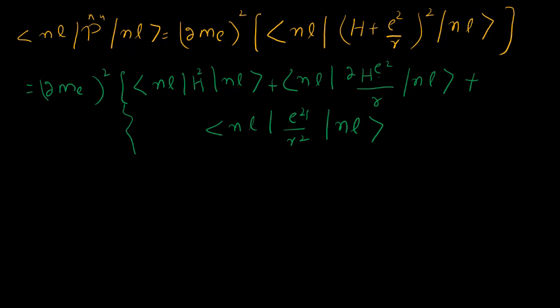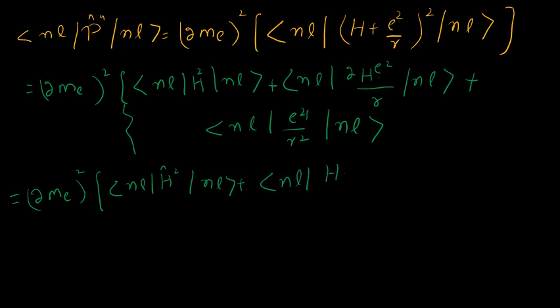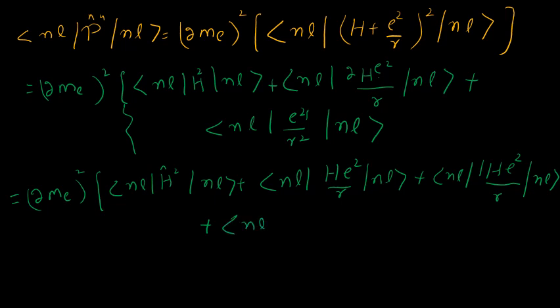Further, I can split this term and write it like 4Mₑ² into ⟨nl|H²|nl⟩ plus ⟨nl|H e²/r|nl⟩ plus ⟨nl|H e²/r|nl⟩ plus ⟨nl|e⁴ divided by r²|nl⟩.